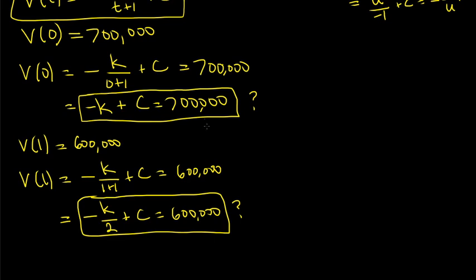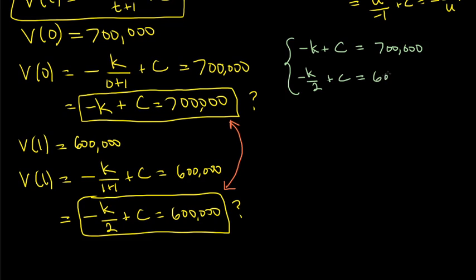But notice now we have two equations, one up here and one down here, in two variables. I think you know by now how to solve a system of two equations in two variables. Let me just write them down here. Now, I'm calling c and k variables, even though they're really just constants. We just don't know what they are yet.